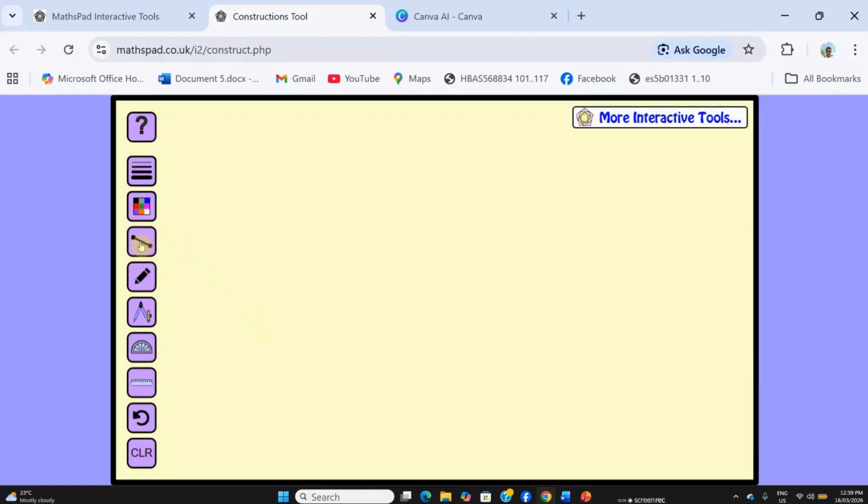So let me transfer this question. So in the first step, we transferred the question.